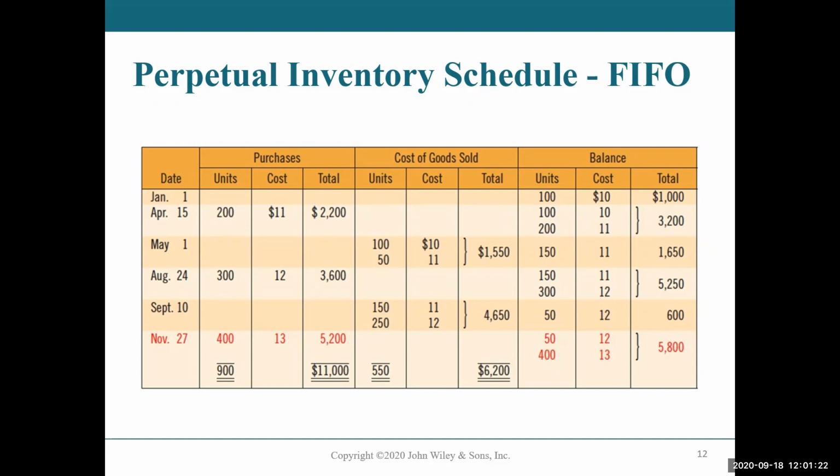That cost us $6,200, and so 1,000 units minus 550 units that we sold, we are left with 450 units on hand with the total cost of $5,800. So that is $12,000 minus $6,200. And your numbers have to work out. It has to reconcile, otherwise your schedule is incorrect.